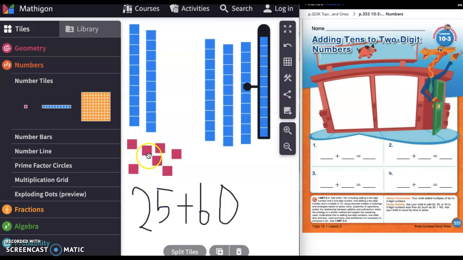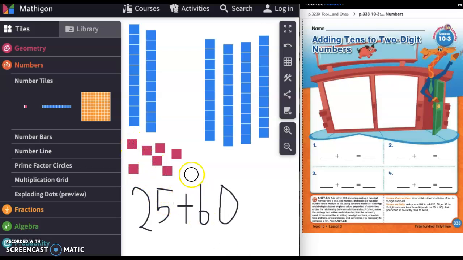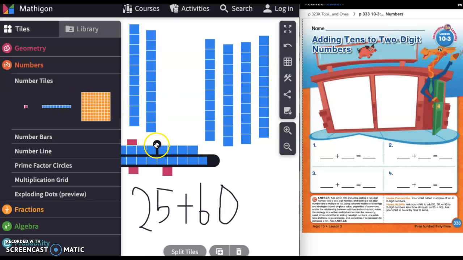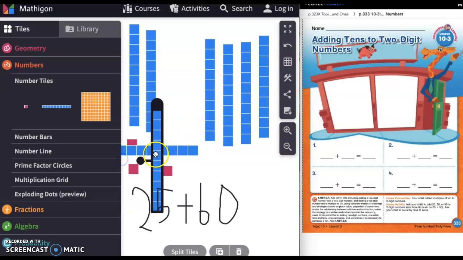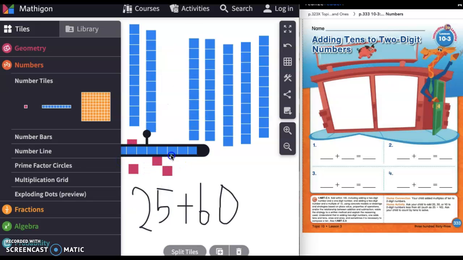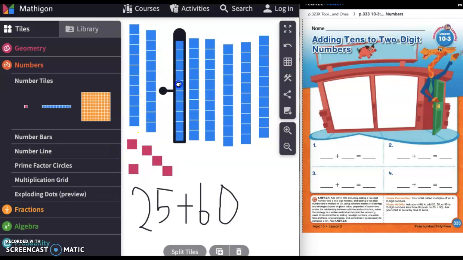So 1, 2, 3, 4, 5. That means I need to delete those 2. Now I have 5. I need 6 groups of 10 over here. I only have 4, so there's 5 and 6. So when I do that, 25 plus 60, I have it represented up here.